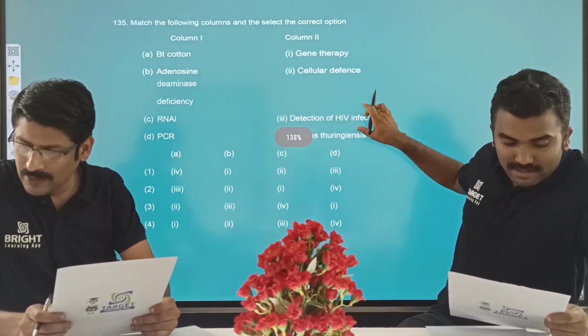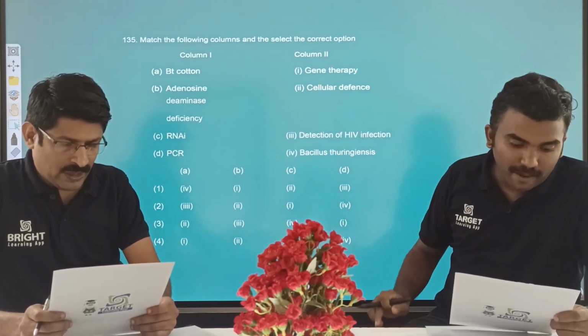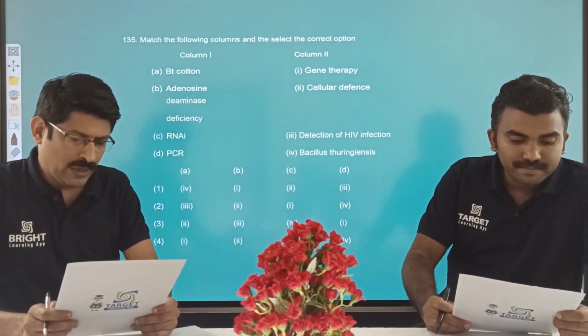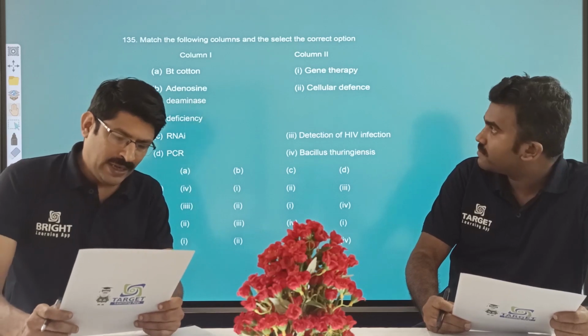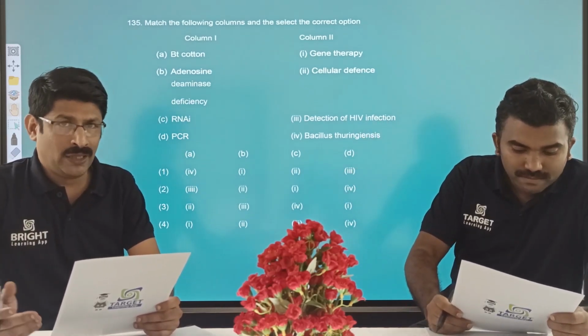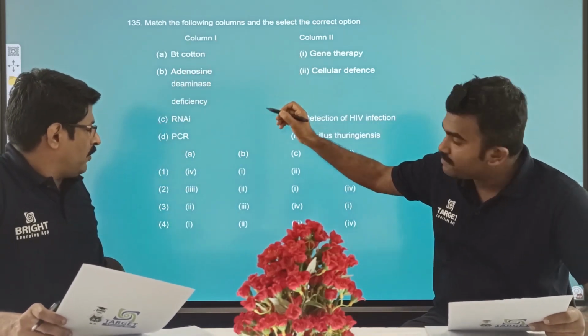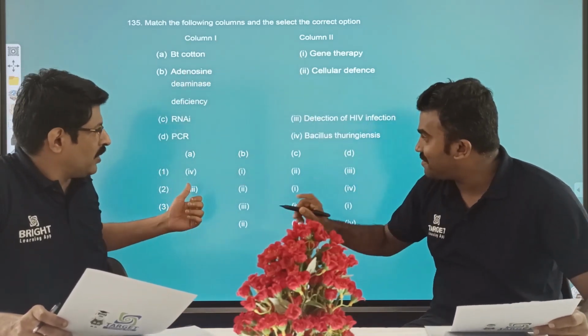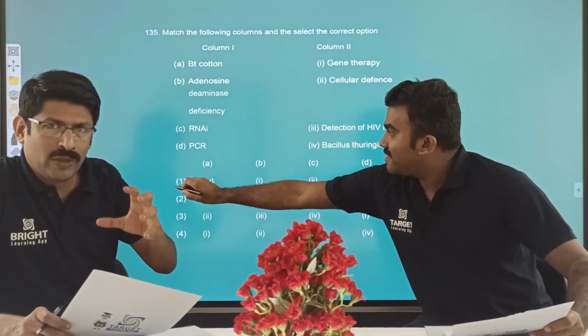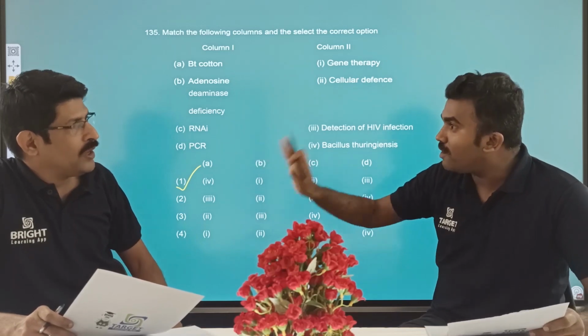Next one is from biotechnology, the first chapter, biotechnology principles and processes, and it is also a matching question. BT cotton, we know, is Bacillus thuringiensis. A4 appears in only one option. Those who know that trick will see that from the beginning, these matching questions have only one option.